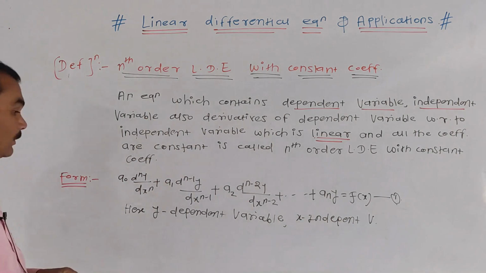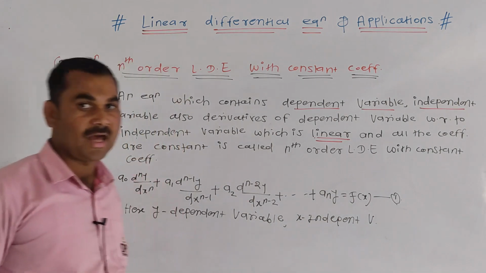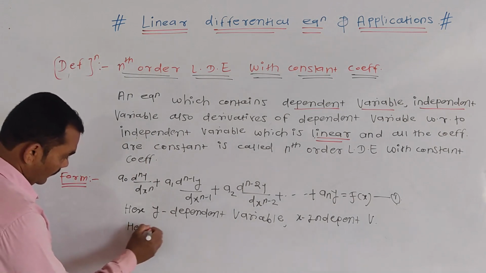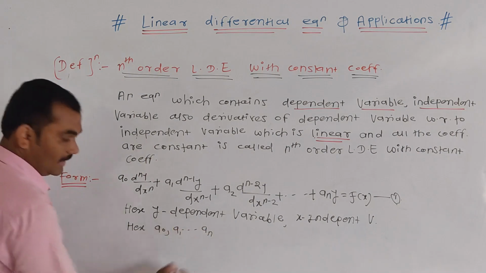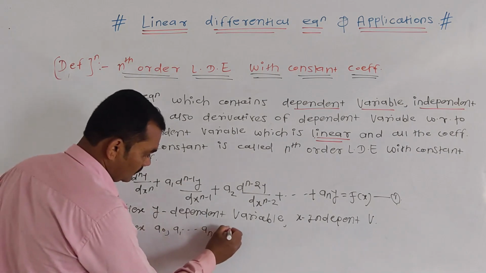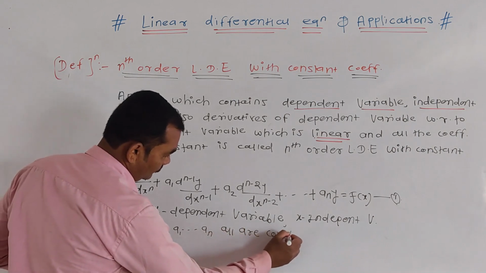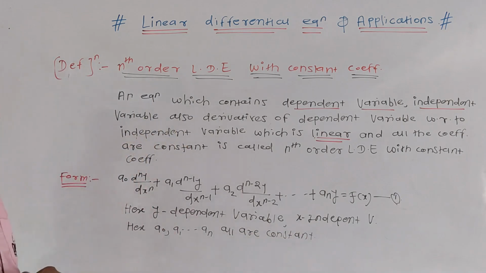And all the coefficients, which coefficients are here? a0, a1, a2, dot dot dot an are constant. Okay, here a0, a1, dot dot dot an all are constant. Okay, this is your form of the equation.